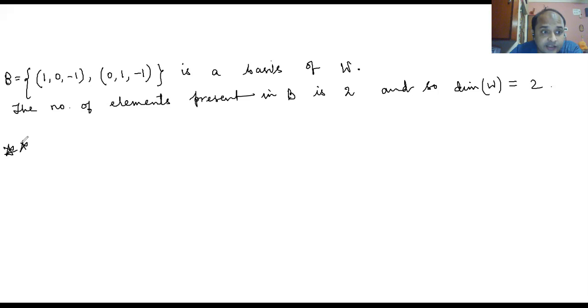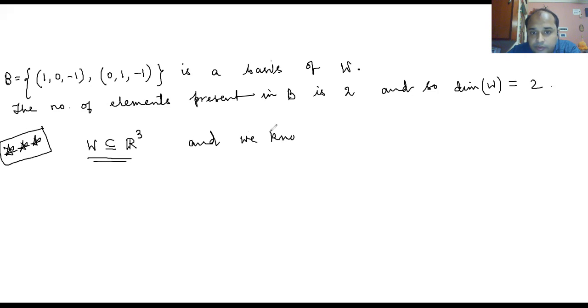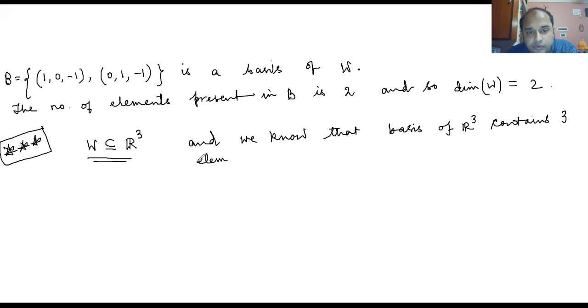This result is very important in the sense that, if carefully observed, W was a subset of R3, and we know that a basis of R3 contains 3 elements, for which we say that the dimension of R3 is equal to 3.